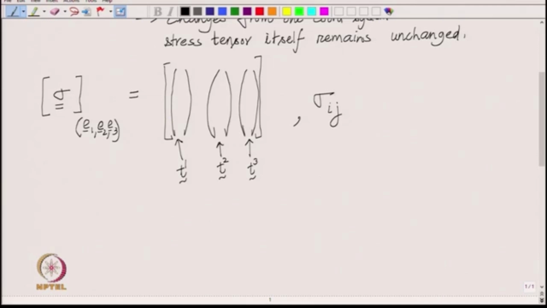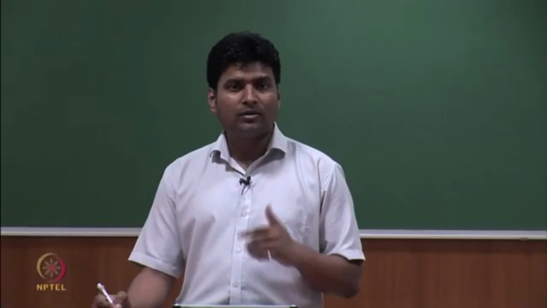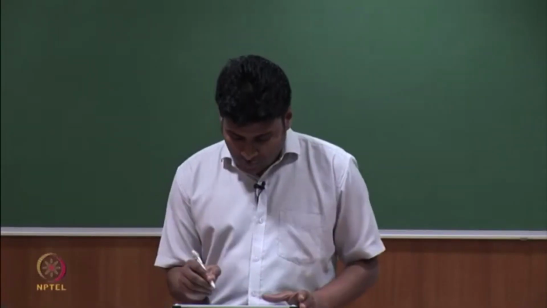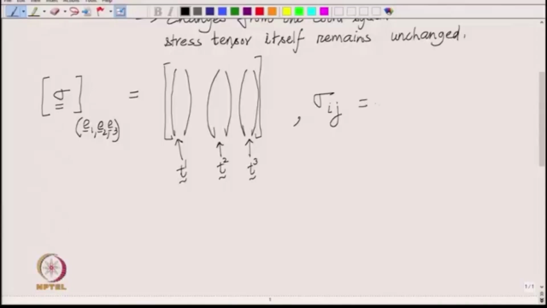So, I means we go to the corresponding row or the corresponding component of that particular traction. So, sigma I j is basically traction T j dot E I, because I want to look at the ith component. So, I dot this vector with E I. So, that is how we get sigma I j, all right.